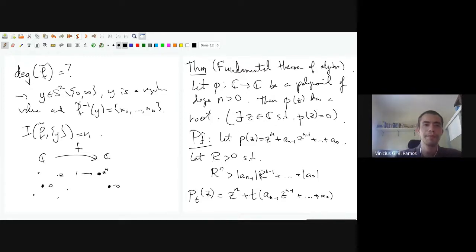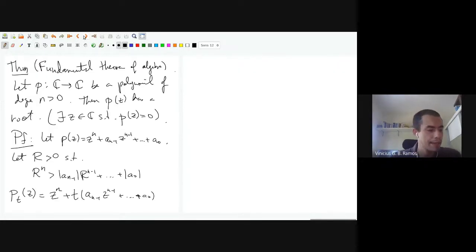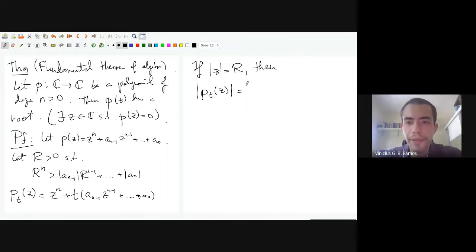This is a smooth homotopy. And you can check that if the norm of z is equal to r, then the absolute value of p_t of z is going to be equal to this guy, z to the n plus t, no, oops.